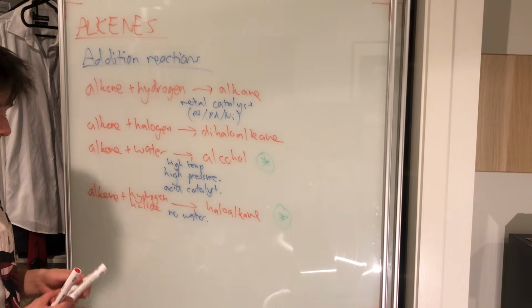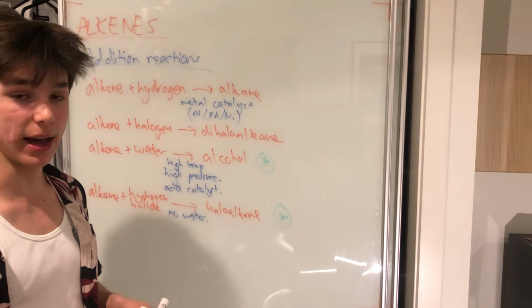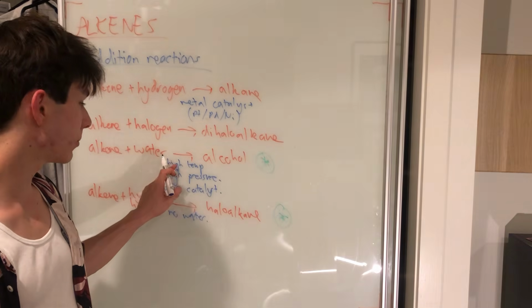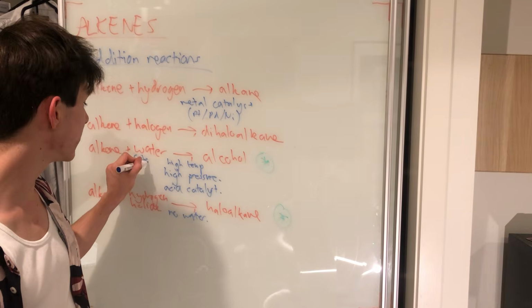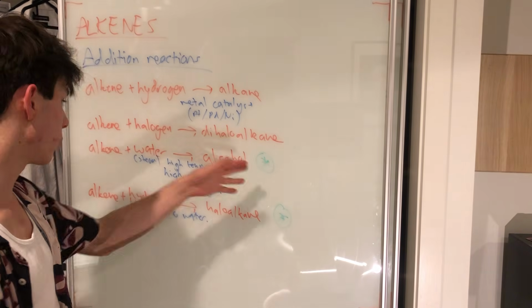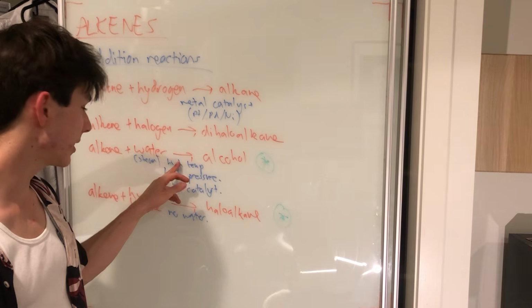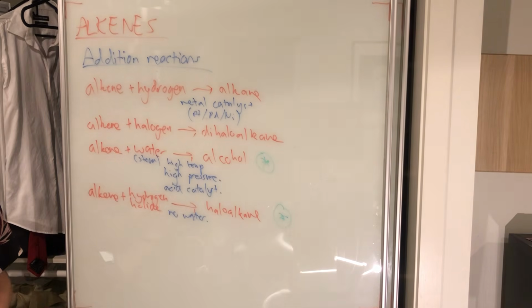Obviously, if we're reacting with water, the water needs to be in excess. And we're talking about high temperature and high pressure, so this water is actually going to be steam. Probably worth mentioning in your response. If you're doing this water reaction at high temperature and high pressure, you can have steam, yeah?